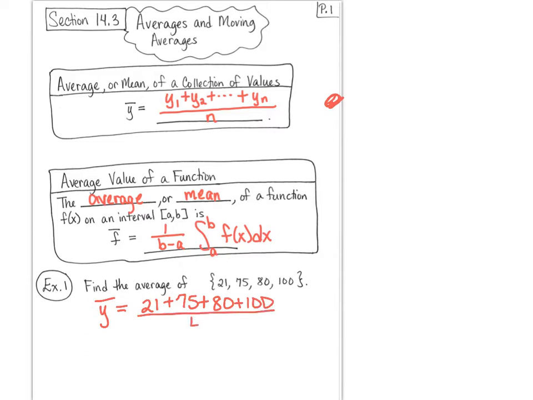We have 4 of them, so we divide by 4. Well, that's equal to 21 plus 75 is 96. 96 plus 80 is 176 plus 100 is 276 all over 4, and dividing that, we get 69. So 69 is the average of that set of 4 values.